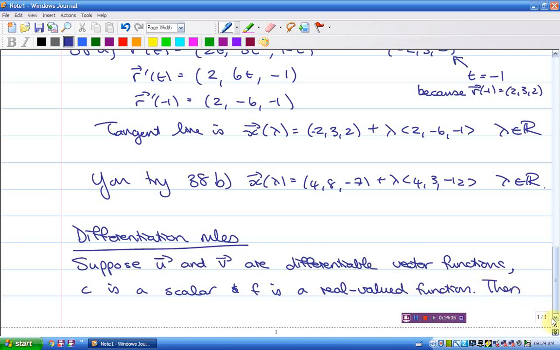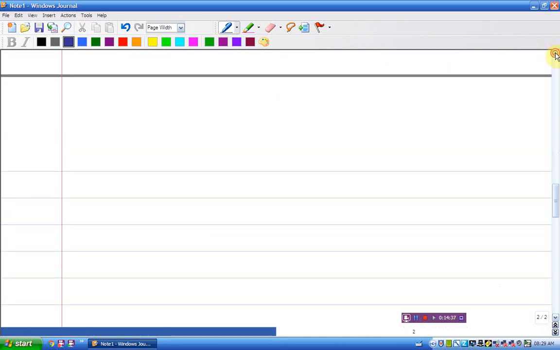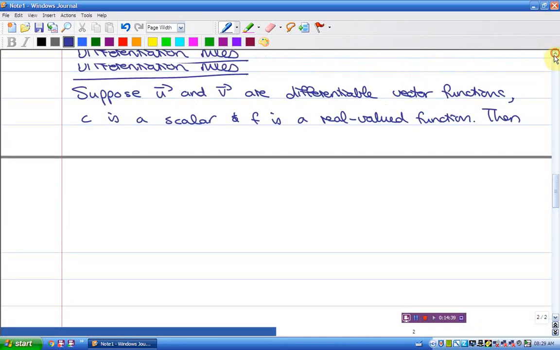Then, okay, hold on, there's going to be a page jump. There we go. Then we have a list of differentiation rules, but they're not going to startle you or surprise you in any way because they bear a very strong resemblance to their real valued function counterparts.